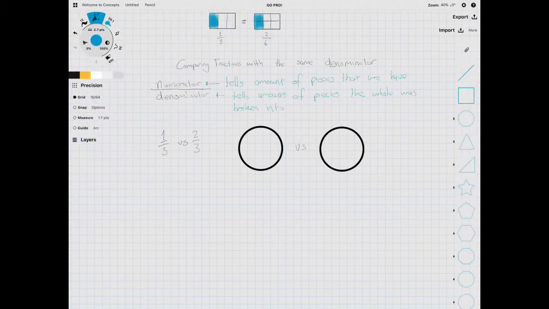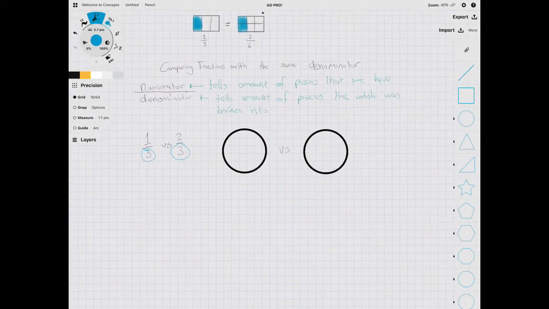And we say, well, this is going up against that, and we can then draw a line. So we're going to split these both up into thirds, as you can see there, because both of them are fractions that are broken up into three pieces. The denominator tells us that the whole amount has been broken up into three pieces. Okay, so we're going to split these both three ways.